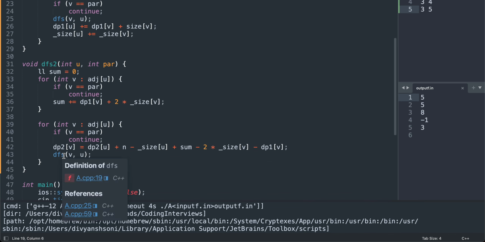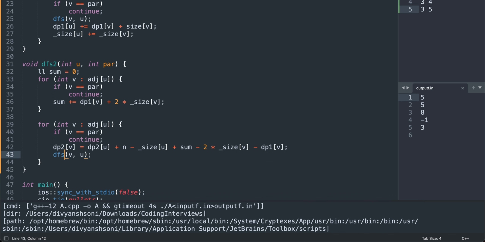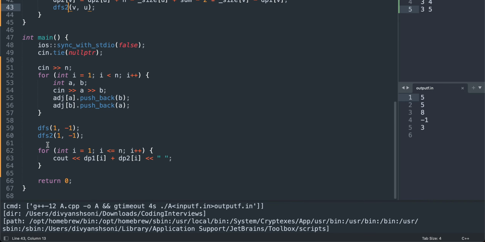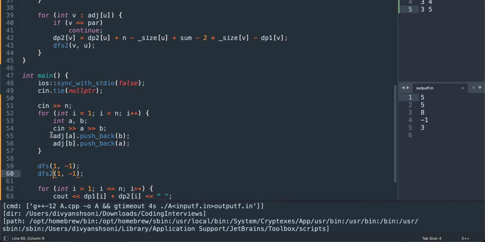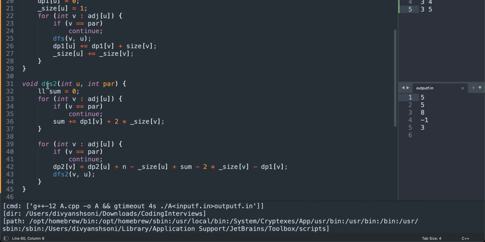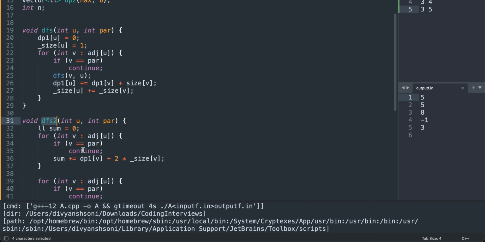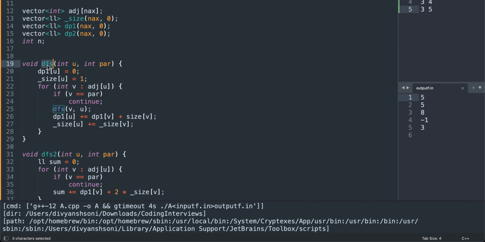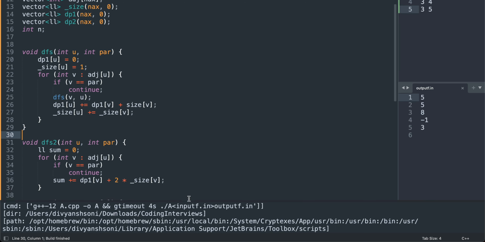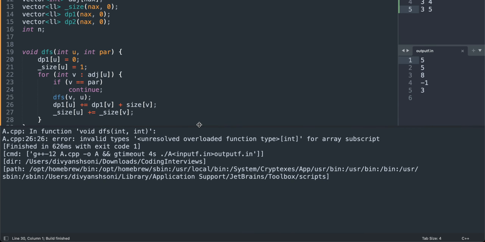Okay, DFS 1 or DFS 2. Calling DFS 2, DFS 2, DFS 2, DFS. What is wrong with this? So function, invalid type for array subscript.